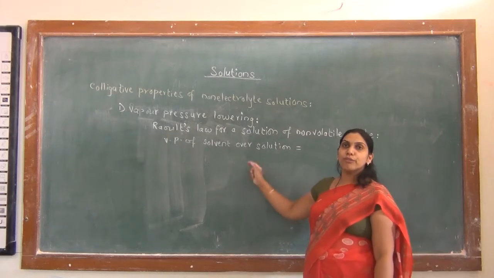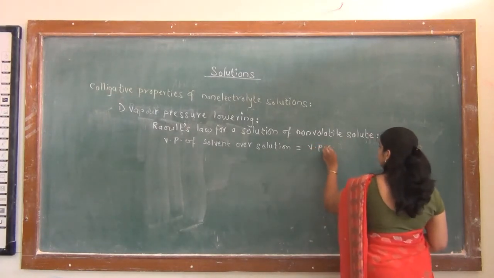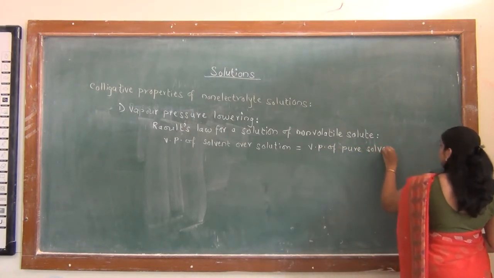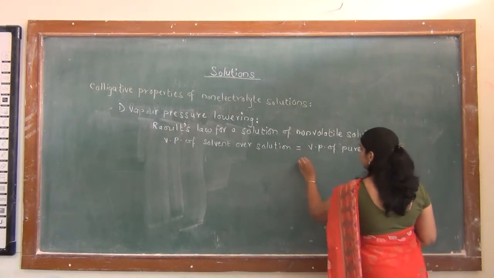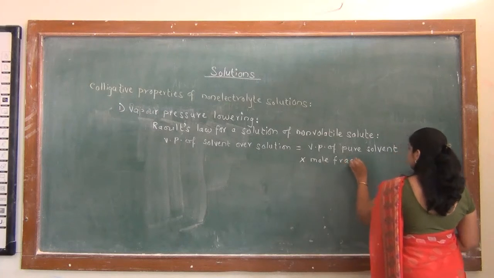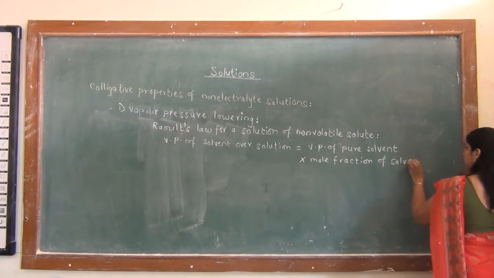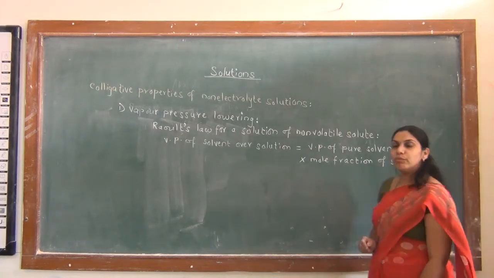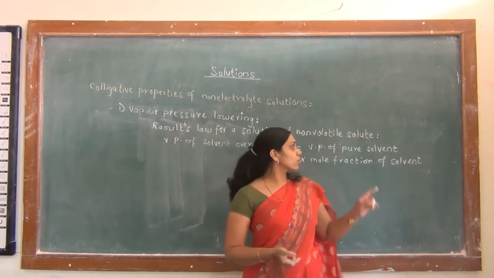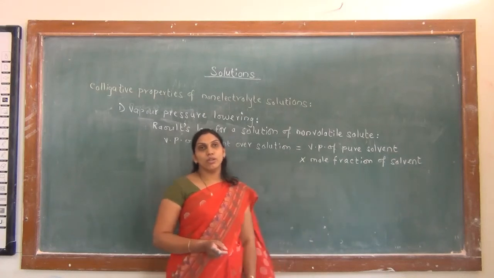Vapor pressure of solvent over solution is equal to vapor pressure of pure solvent multiplied by mole fraction of solvent.